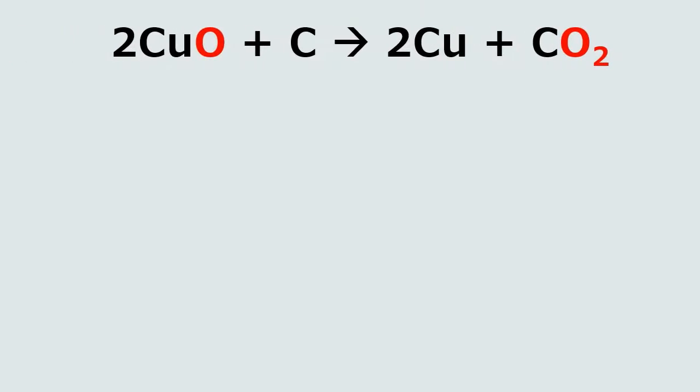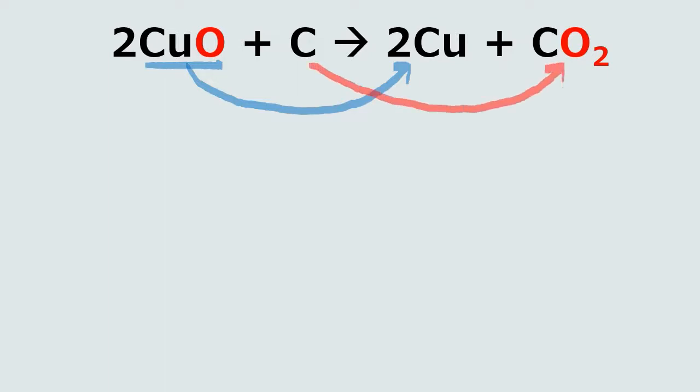This is the balanced chemical equation for the reaction. We can see that copper oxide loses its oxygen and forms copper atom, while carbon gains oxygen to form carbon dioxide. Carbon undergoes oxidation, while copper oxide undergoes reduction.